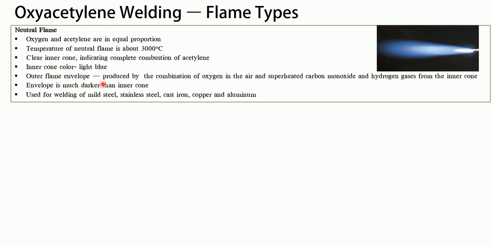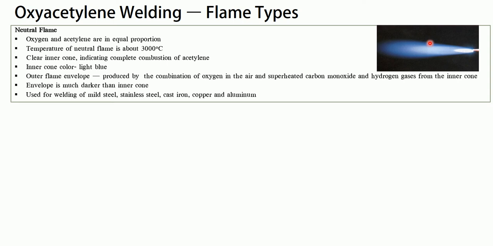The outer flame envelope is produced by the combination of oxygen in the air and superheated carbon monoxide and hydrogen gases from the inner core. So this is the outer envelope. How is this outer envelope formed? It is formed from the secondary reaction, which we have seen in the previous slide.